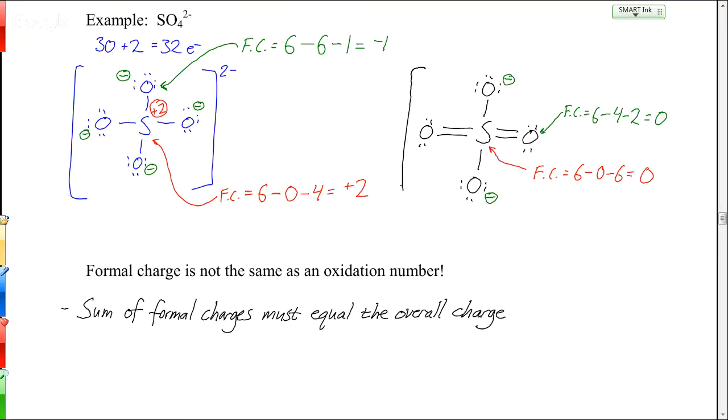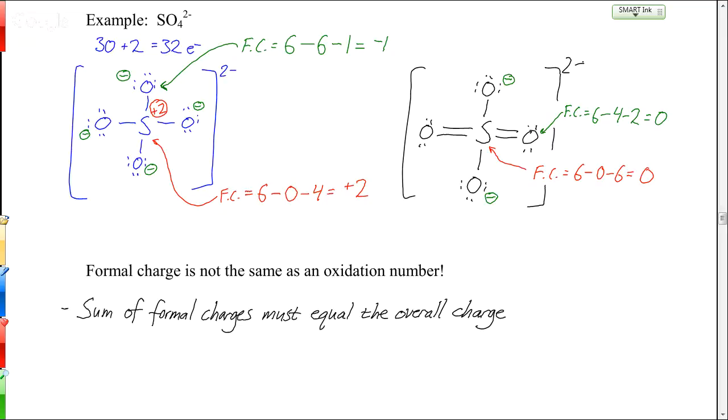So if this is an overall 2 minus ion, then all the formal charges must add up to be minus 2, which means we'll never actually get rid of formal charges in an ion. But that's better than the other one.